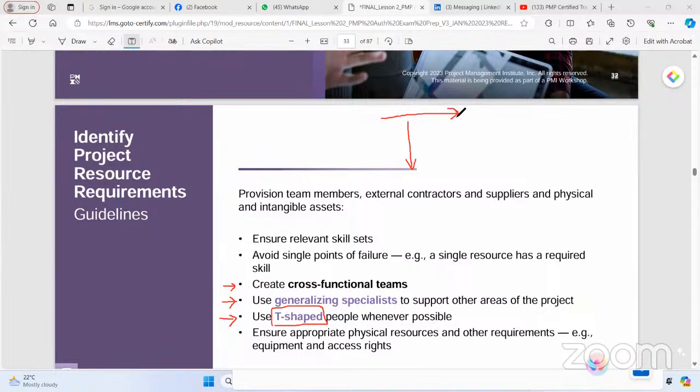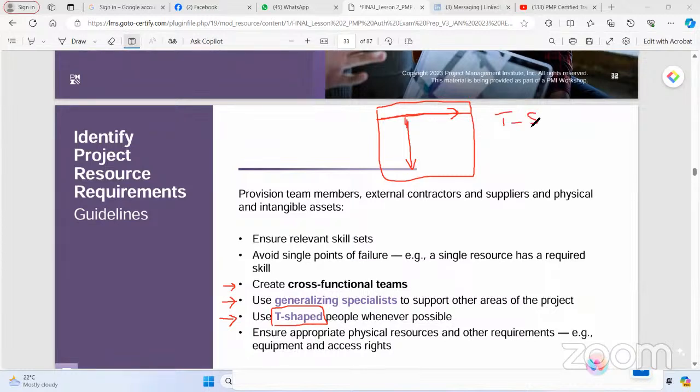So maybe they are generalizing specialists, plus they have at least one skill which is their specialty. They are generalists in all areas, but one area in which they are really skilled. So we call them T-shaped.